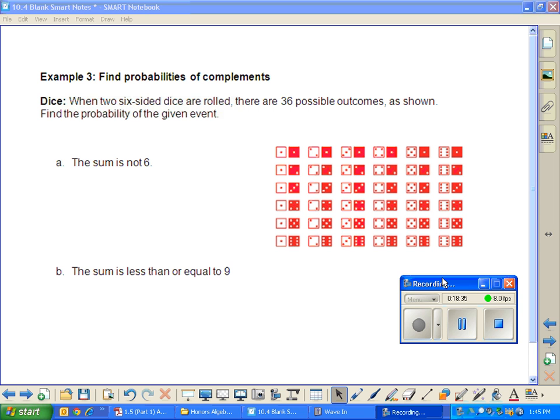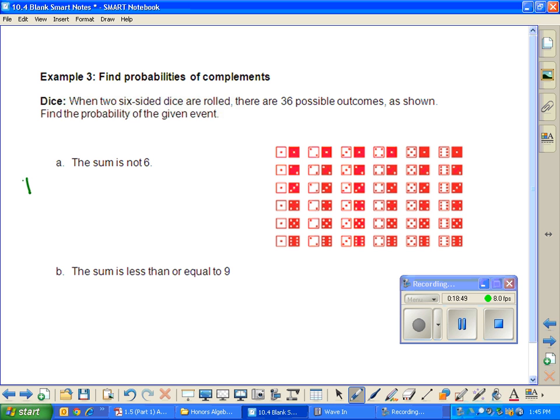We have to find the probability of the given events. We have to find the probability of randomly selecting an outcome where the sum is not 6. So we're finding the probability when the sum is not 6.